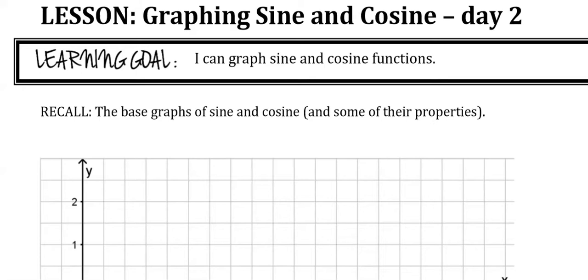Starting tomorrow, you might need your calculator to work some stuff out. But up till now, we don't really need the calculator. We're not doing a table of values. We did that on the first day, but we're not doing that anymore. So try to keep that above all things in mind, that we're trying to do this just on our own.